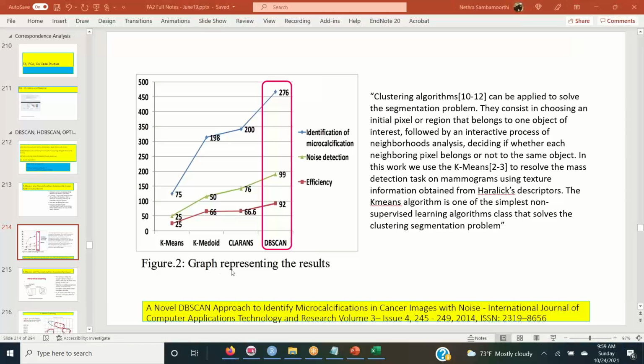And here is the comparison graph representing identification of micro-clusters, noise detection, and efficiency. If you look at this one, K-means is very, very efficient, right? But compared to noise detection, and also in terms of micro-cluster identifiability, K-means is not that great. On the other extreme is DBScan.